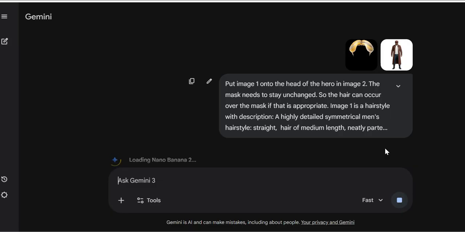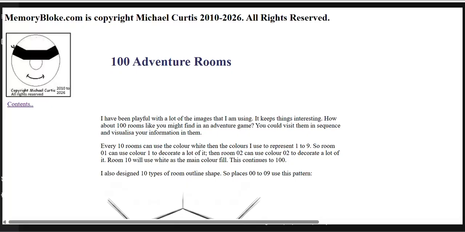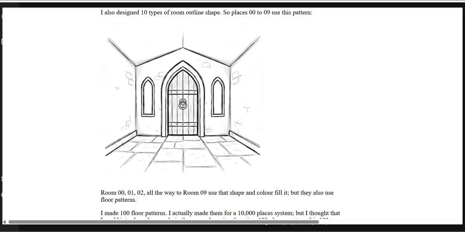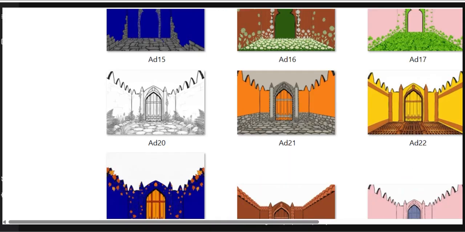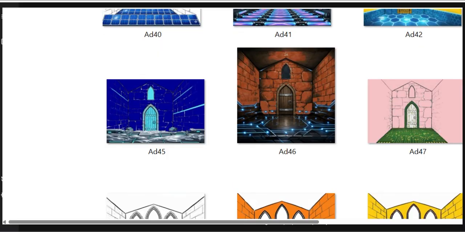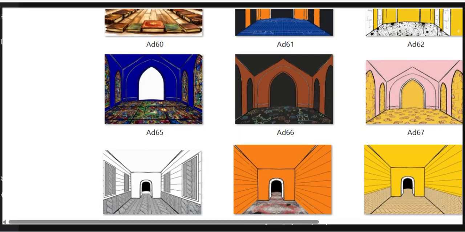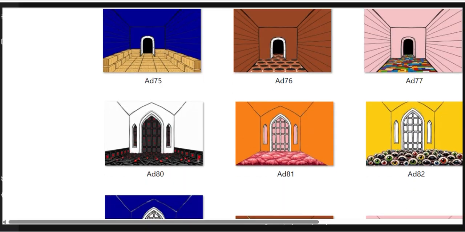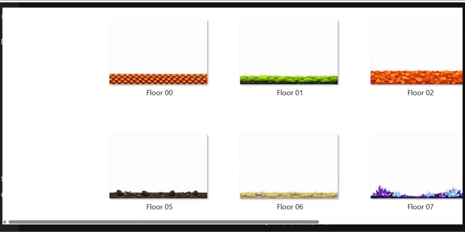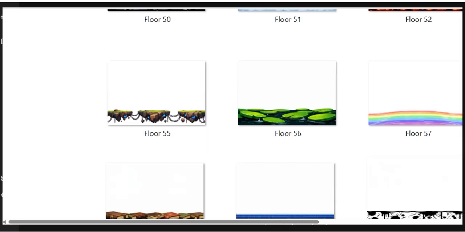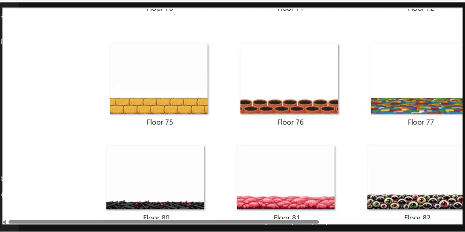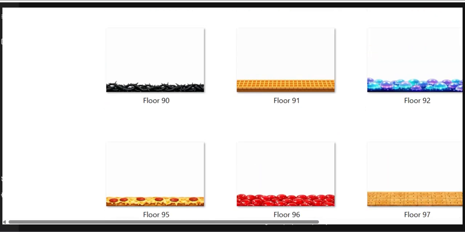I'll just tell you about what else I've been doing recently. I made 100 adventure locations using particular props. Well, not really props, particular floors. Yeah, that's probably a better way of putting it. I used color and type of floor within prompts.